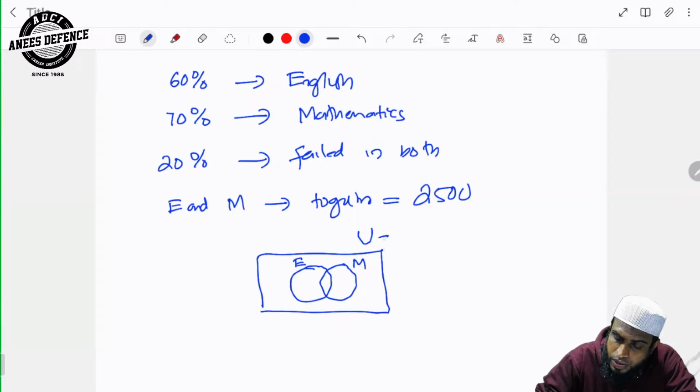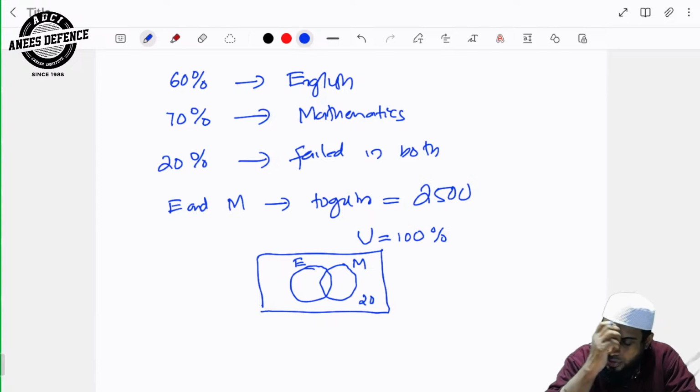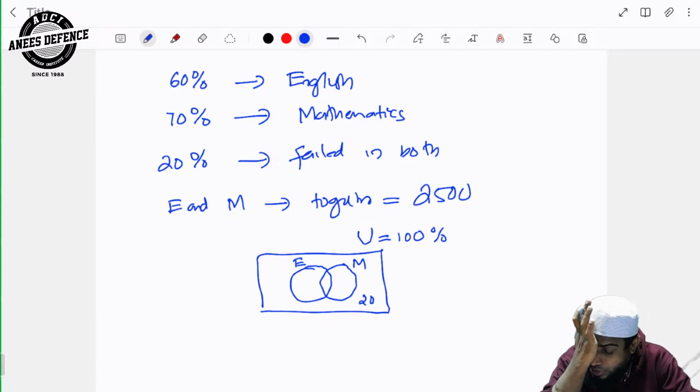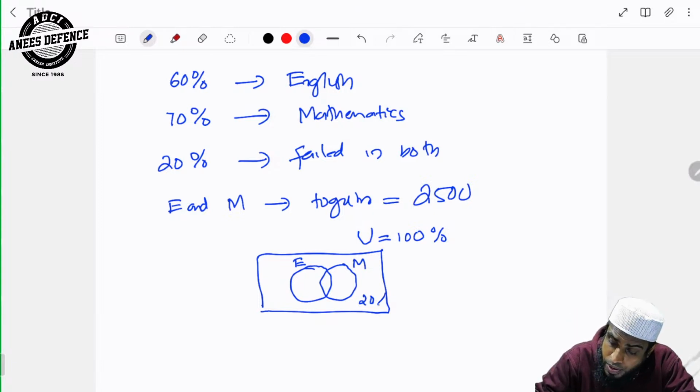So if you consider 100 as the universal percentage, then 20 failed in both. So the remaining 80 should be in English and mathematics. 20 failed in both subjects, meaning they are not included in English or mathematics.